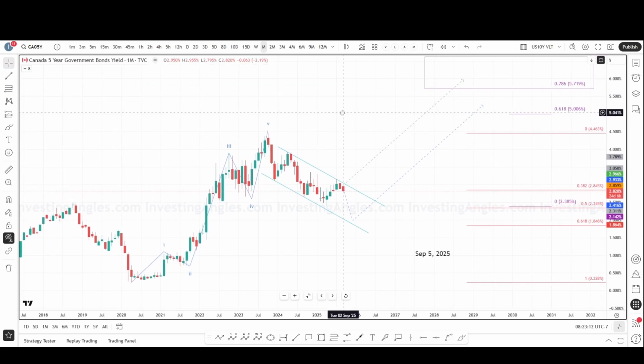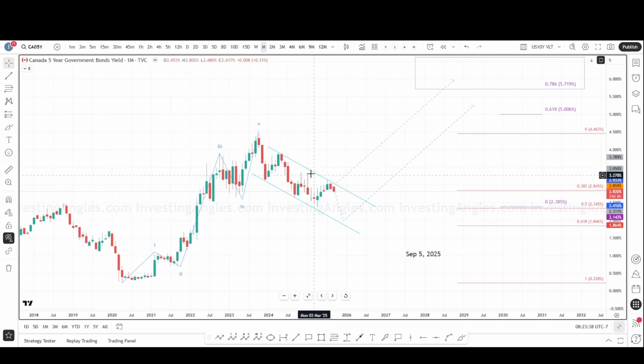And this is the Canadian 5-year yield. What we are seeing is that in August it managed to form a dark cloud cover, and this is the monthly chart. And if in September it stays like this or moves lower, it will be technically a reversal, and I would be looking for a lower low.